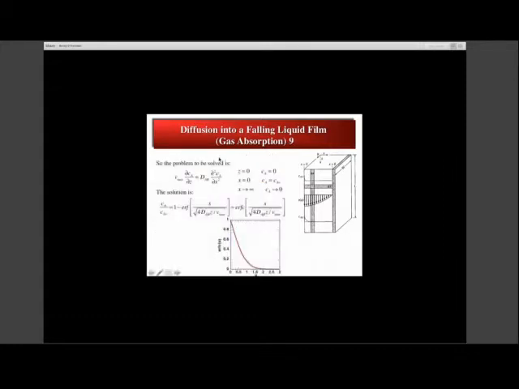And so the solution to this differential equation with these boundary conditions is shown here. Do you remember the last time that we saw an error function showing up in the solution to a problem? When was that? The first homework assignment.